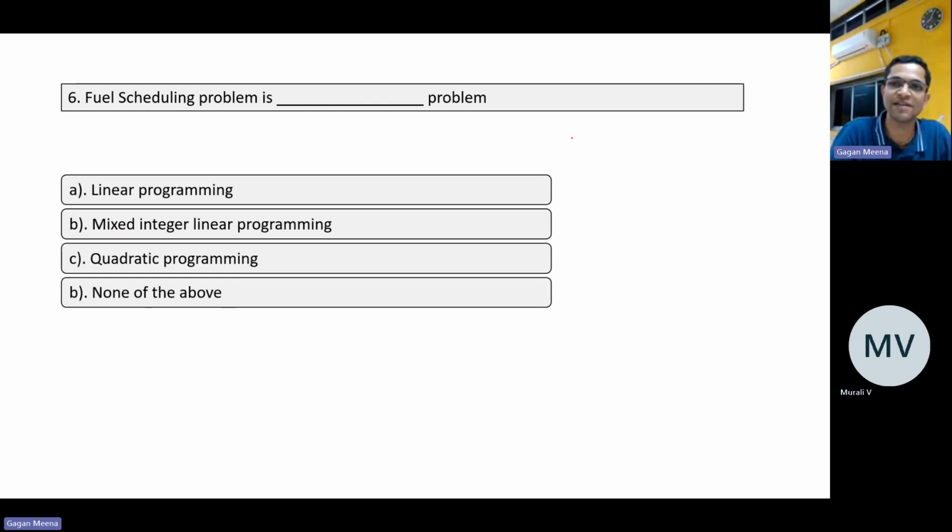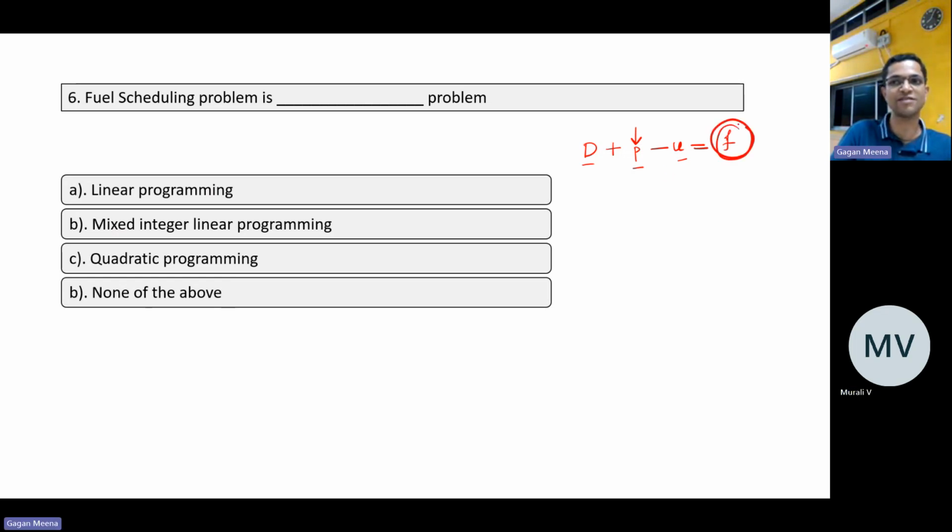The constraints are something like: existing plus purchase minus usage equals the actual fuel which is there.